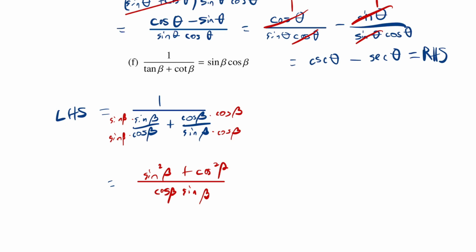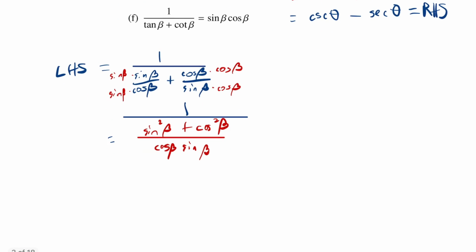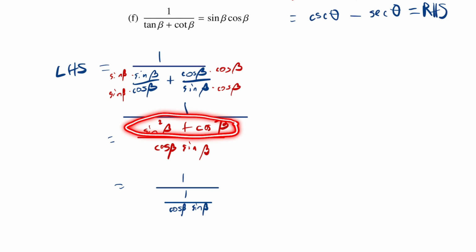And now I have 1 over cosine beta sine beta. Notice I just used the Pythagorean identity to set that equal to 1. And now you're multiplying by the reciprocal. When you multiply by the reciprocal, you get cosine beta sine beta in the numerator, which is the right-hand side. These are reversed, but that's okay because multiplication is commutative. And that is the end of this section.